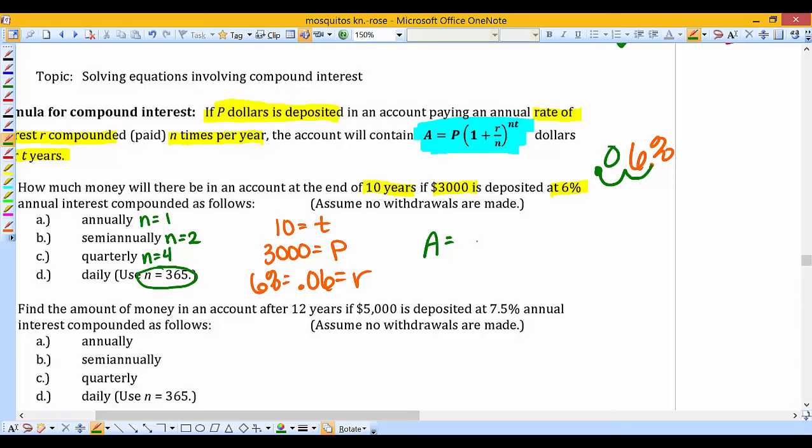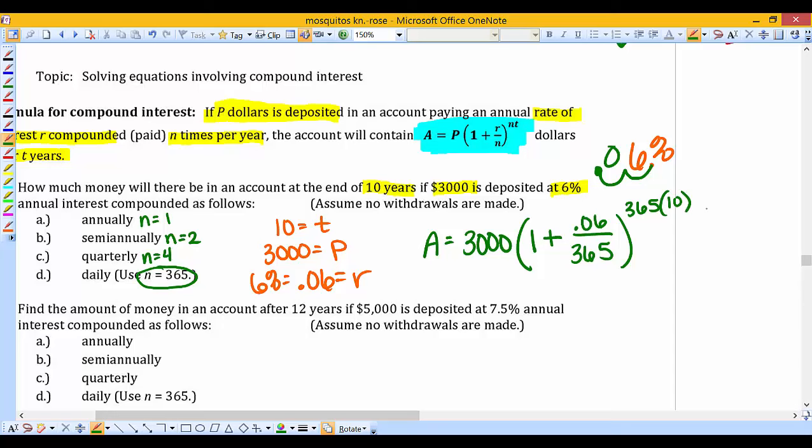So A equals, P is first, so 3,000. Then I put a parentheses, 1 plus R, which is 0.06, divided by N, which is 365. Then it's raised to N, 365, times T, which is the 10 years.